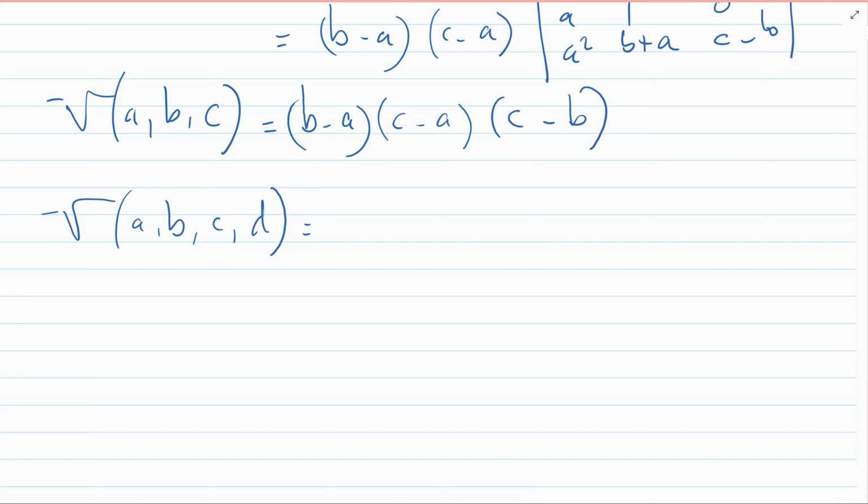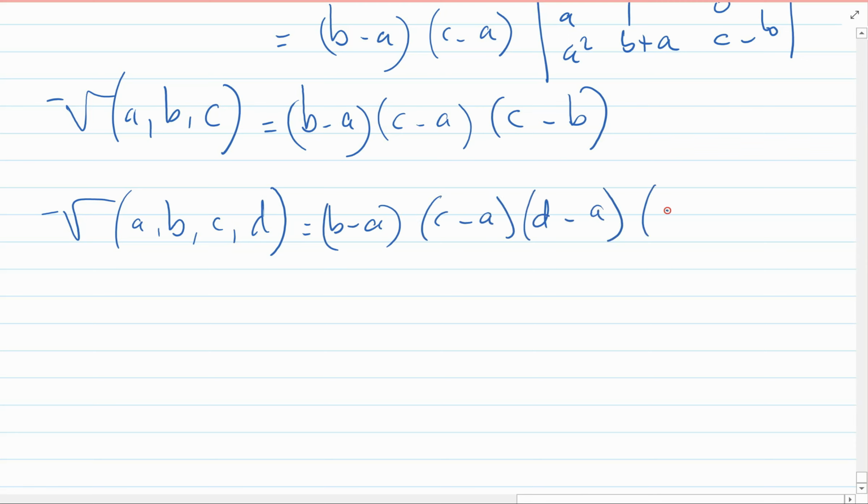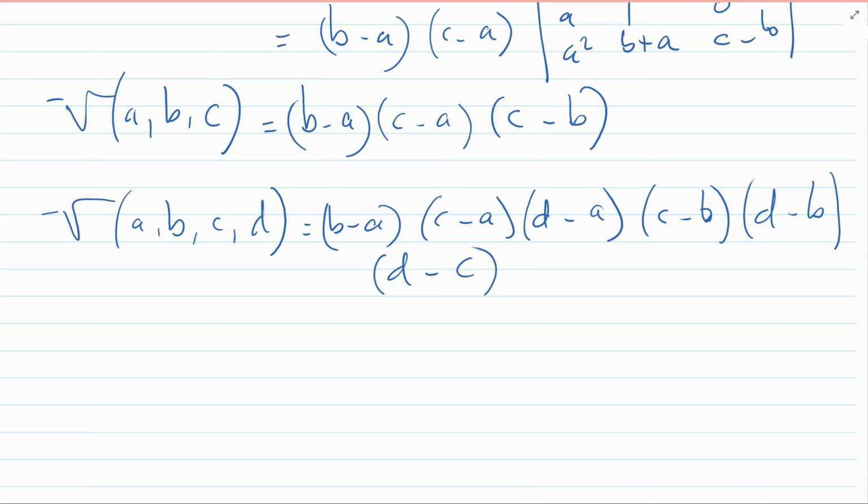Knowing this formula from algebra, you can prove that this is b minus a times c minus a times d minus a, then c minus b times d minus b times d minus c. Look at how the numbers are coming from the right minus the left.